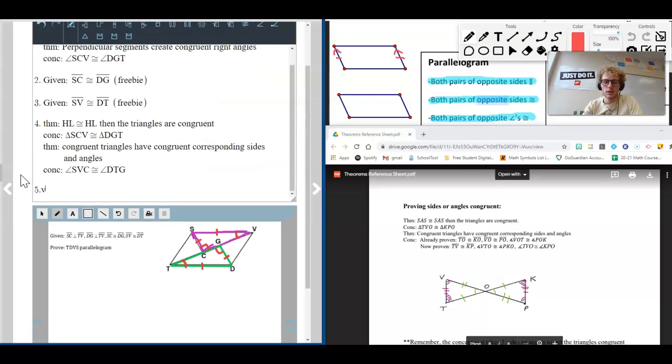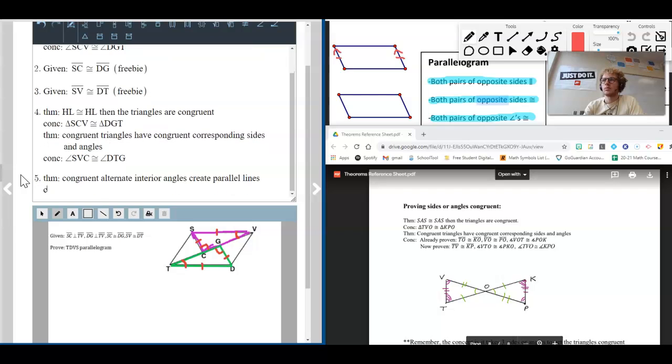Now that those are congruent, step 5. Our theorem is going to be just like it was before. Congruent alternate interior angles create parallel lines. So our conclusion here, and if you're looking at this, we can see the Z shape.